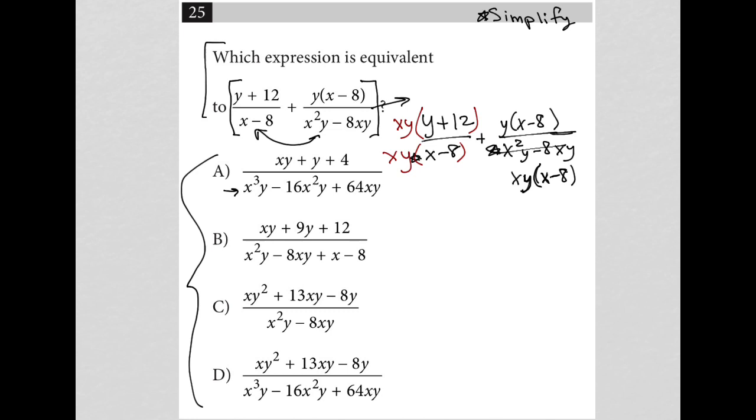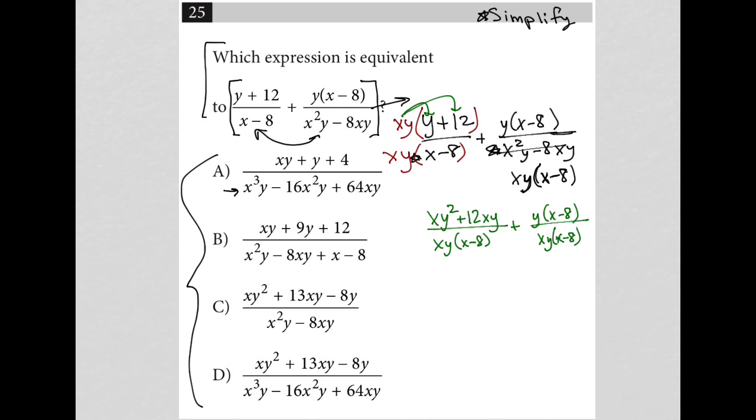So now my numerator, when I multiply this across, will be xy squared plus 12xy over xy times x minus 8, plus y times x minus 8 over xy times x minus 8. Now I have a common denominator.